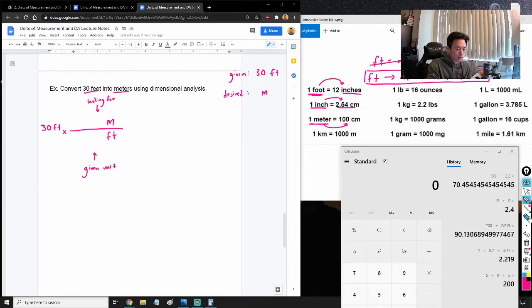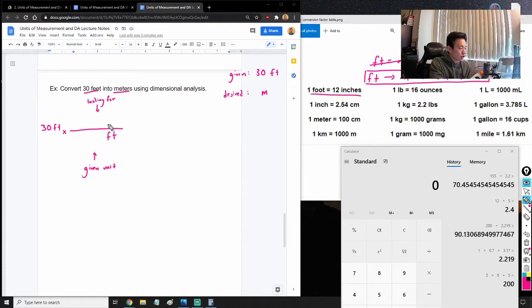So instead of putting meters on top, we're going to use the fraction that we have right here. Let me clear this out so it's easier to see. We're going to use this first equal sign: 1 foot equals 12 inches.